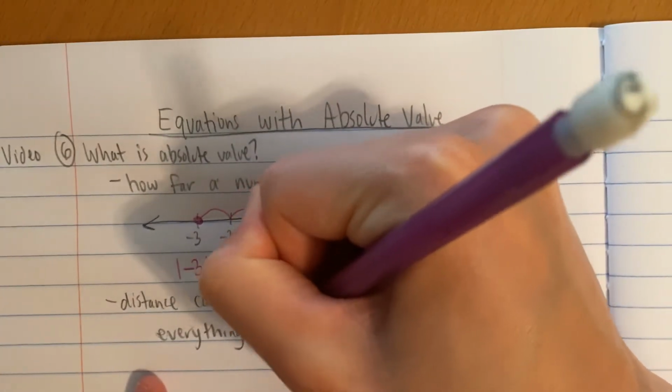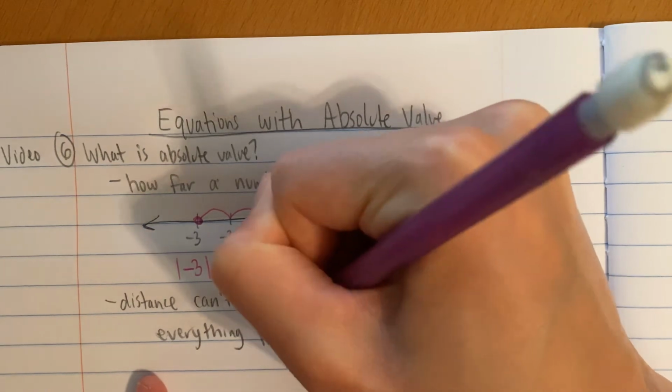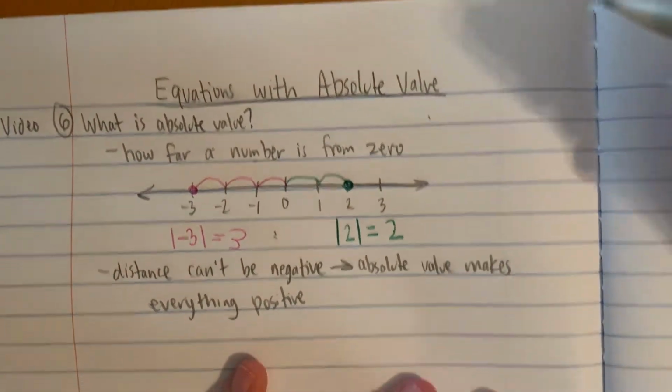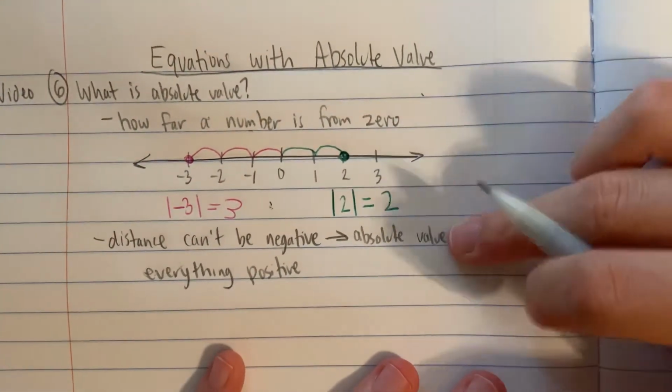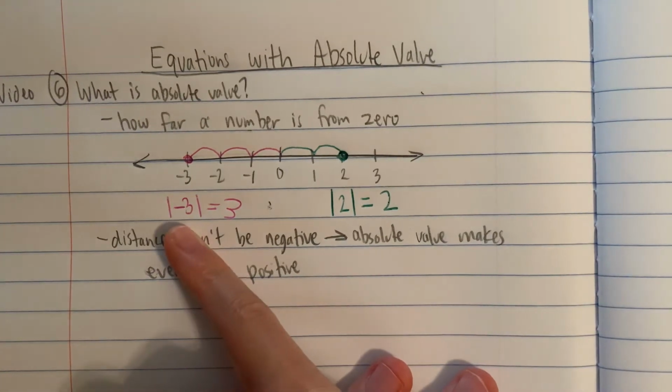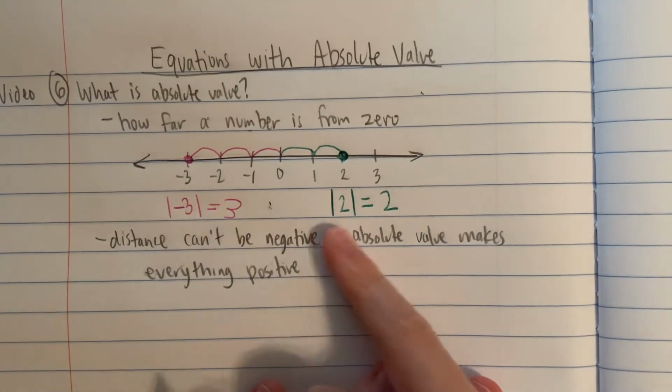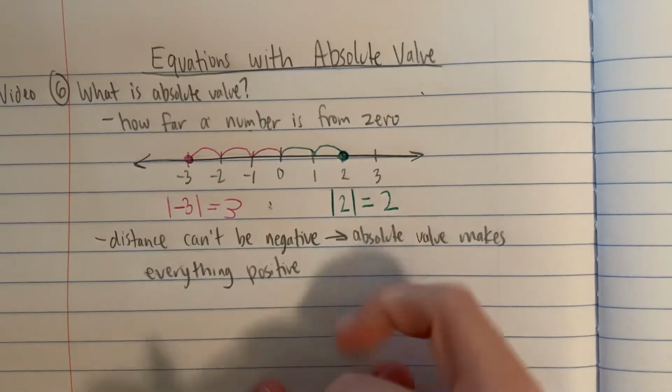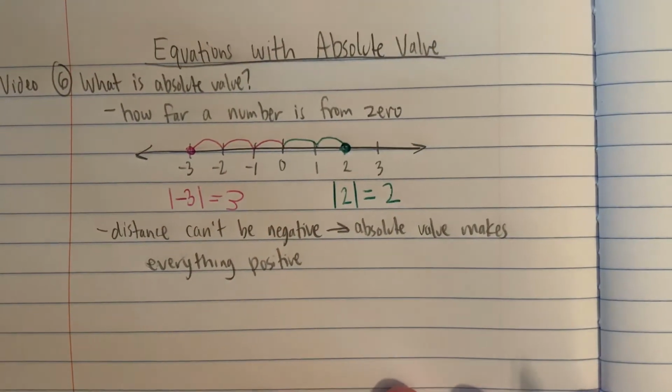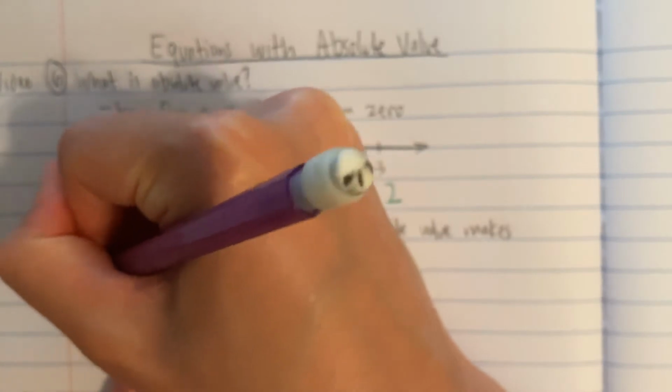Right? So notice, even though it has this definition that it's a distance from 0, what it actually does is just take negative numbers and make them positive. It takes positive numbers and just leaves them positive. So absolute values are always positive. Let's just take a look at a couple examples of what this looks like.